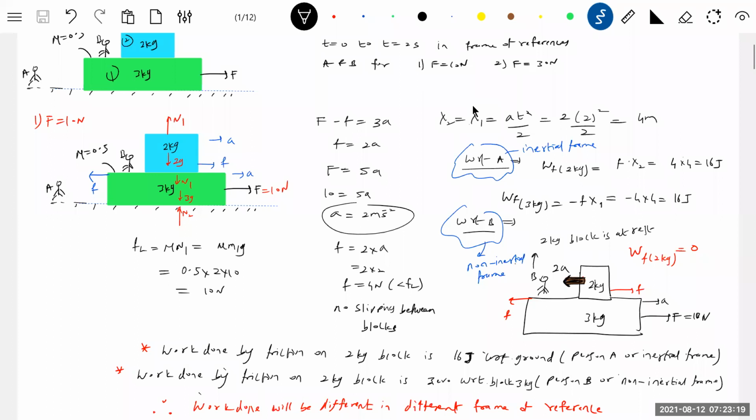We'll take the situation F equal to 30 Newton and see what conditions will arise. Okay, this negative sign. Yeah, fine.